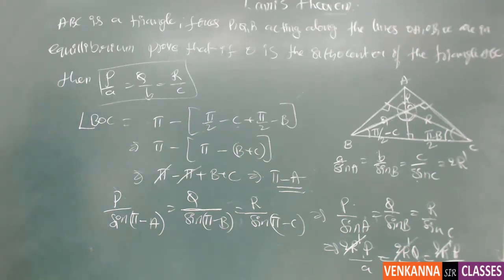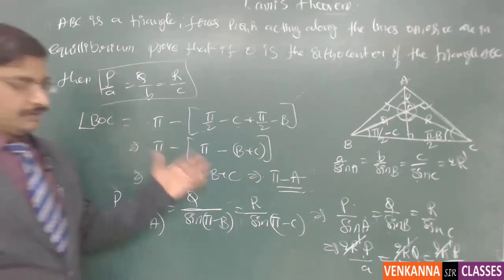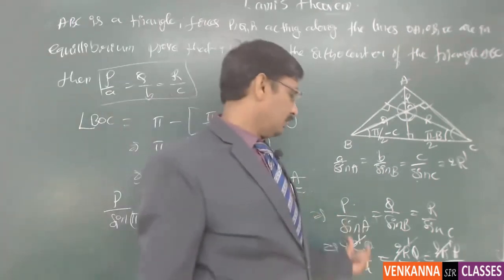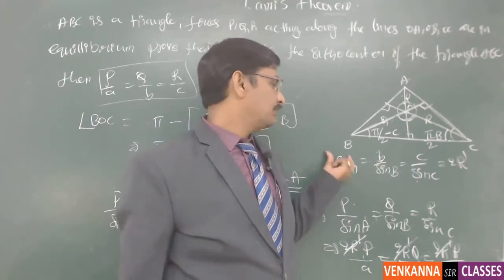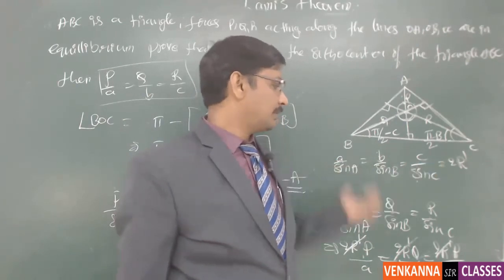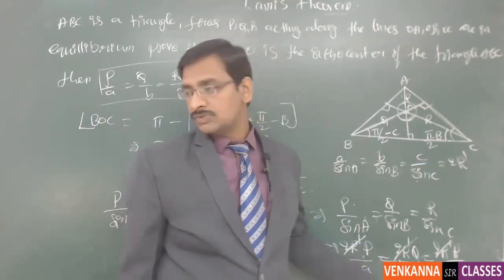So what do you want me to put in place of sin A? I hope you understood. Everything is clear here. So you can replace this a by sin A, b by sin B, c by sin C. You are just replacing those values.